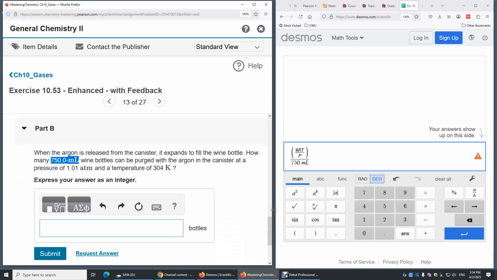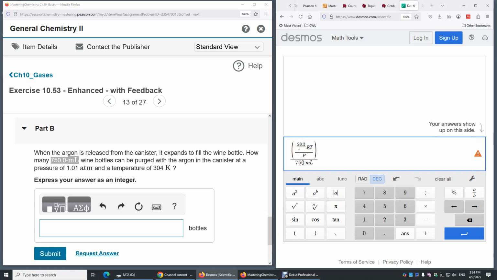So it's going to be 28.3 divided by the molar mass, and we have R and T. Temperature is 304. What's the pressure?